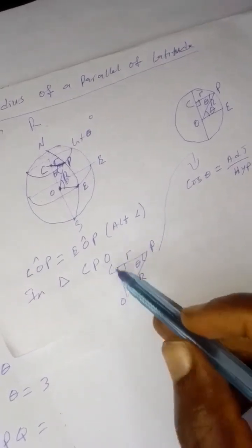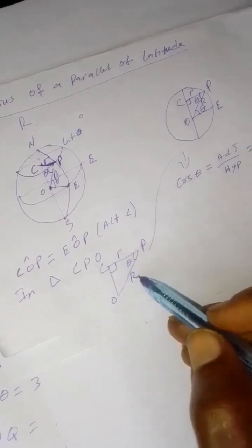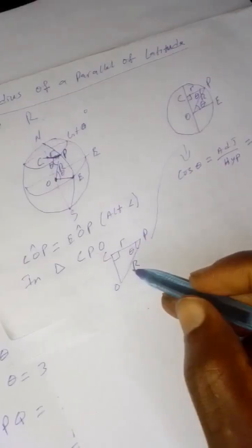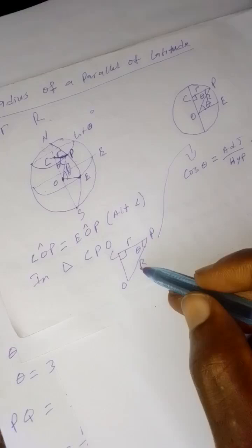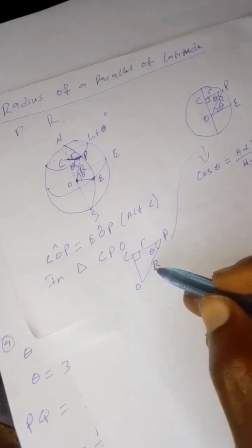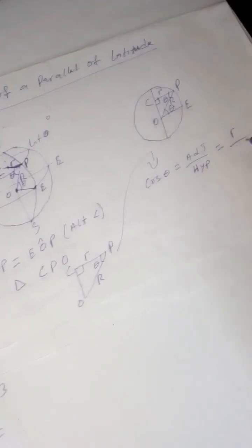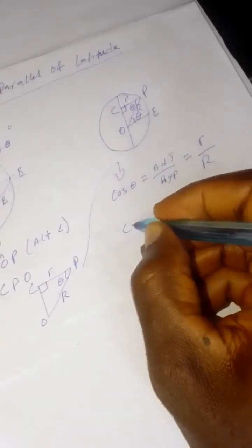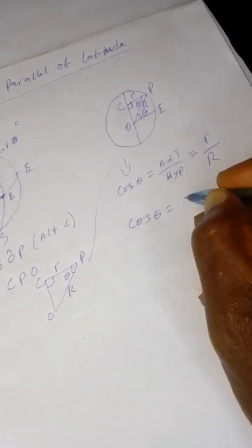This is the opposite. This is the adjacent, and this is the hypotenuse. Small r over hypotenuse. The hypotenuse is the line facing the right angle, which is capital R. So that means cos theta equals small r over capital R.